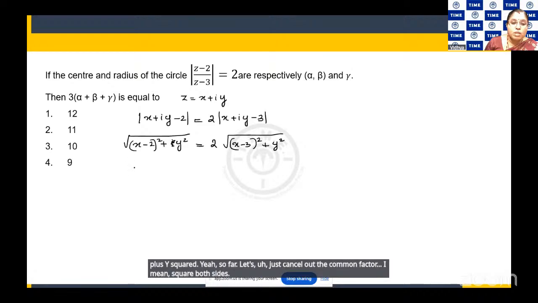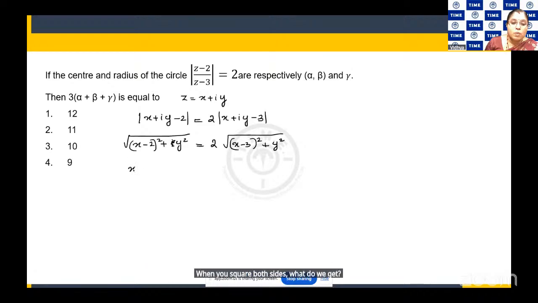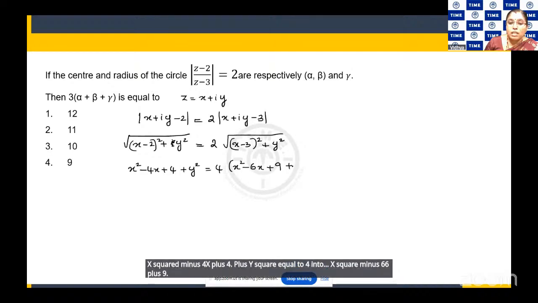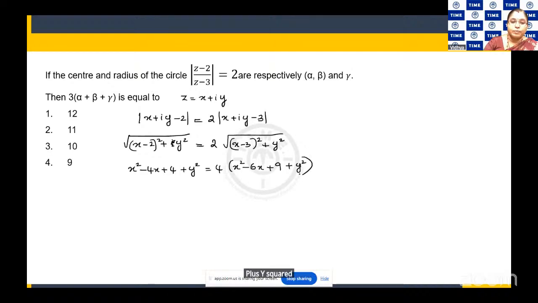When you square both sides, what do we get? x square minus 4x plus 4 plus y square equal to 4 into (x square minus 6x plus 9 plus y square).